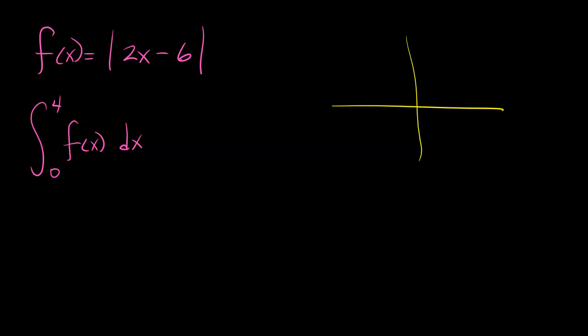It's going to be a straight line, or a V, because this one is a straight line to start with. I'll graph it the old school way here. Y-intercept of -6, slope of 2. And negative parts get flipped up like that.